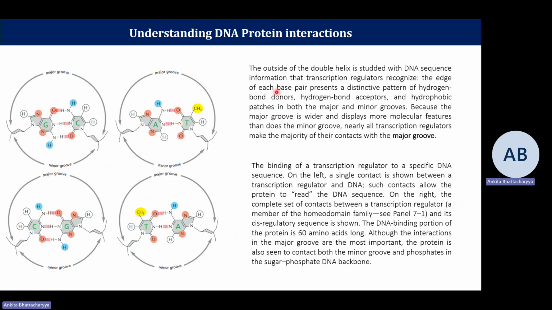The edge of each base pair represents a distinctive pattern of hydrogen bond donors, hydrogen bond acceptors, and hydrophobic patches in both the major and minor grooves. Again, reiterating, the major groove is wider and displays more molecular features than the minor groove. Nearly all transcription factors make most of their contacts with the major groove, as we have already discussed.